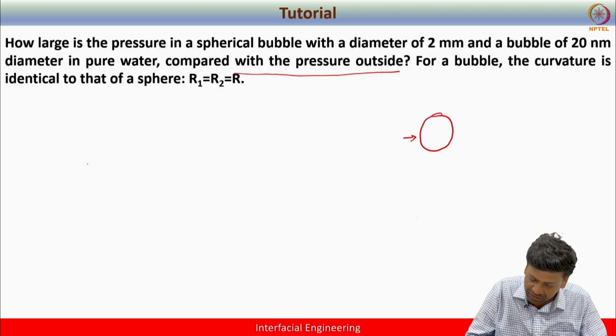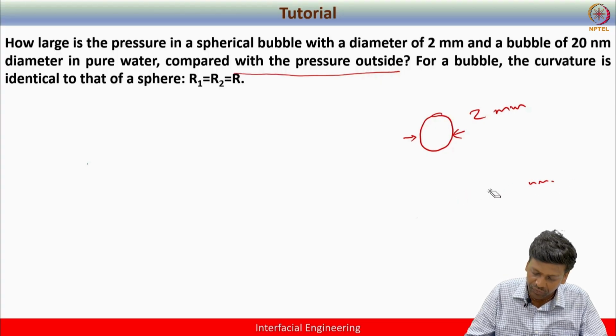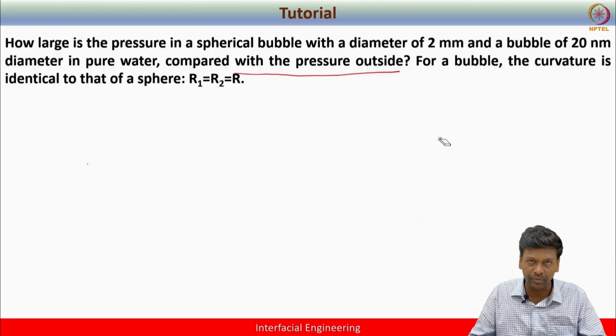In the first case, the diameter of the spherical bubble is 2 mm, which is a macro bubble. In another case, the diameter of the bubble is 20 nanometer, so a nano bubble. In these two scenarios, we have to calculate the Laplace pressure.